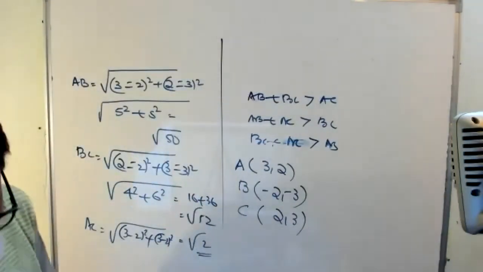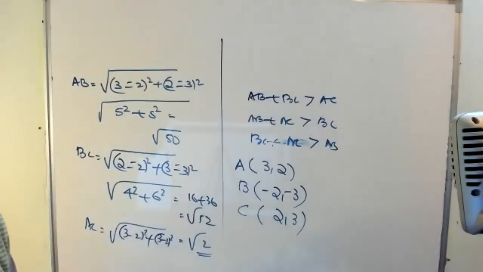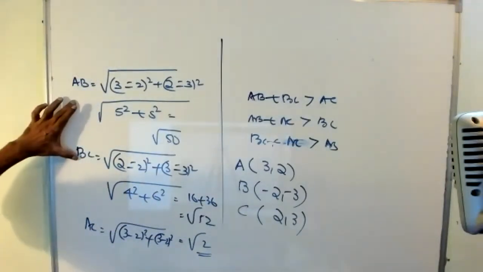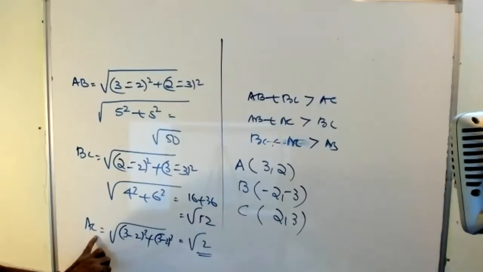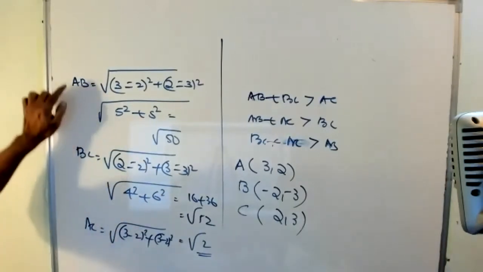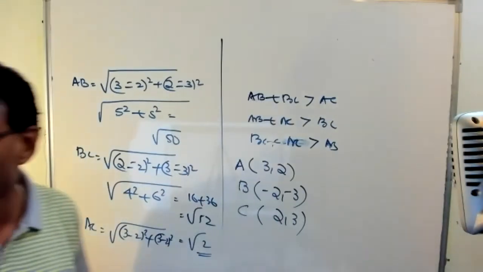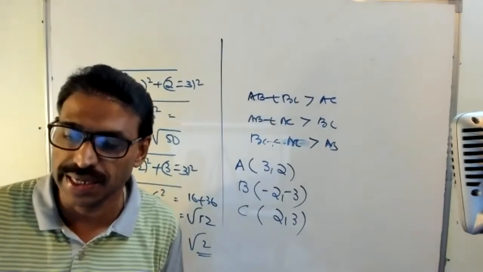Here, listen: AB plus BC is sure to be greater than AC. Don't take squares, you cannot, again you make a mistake.